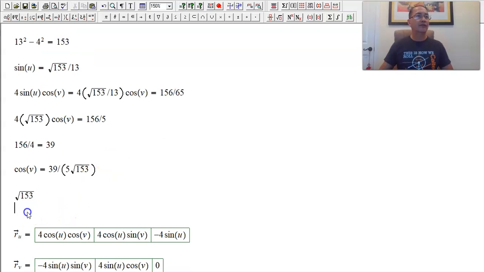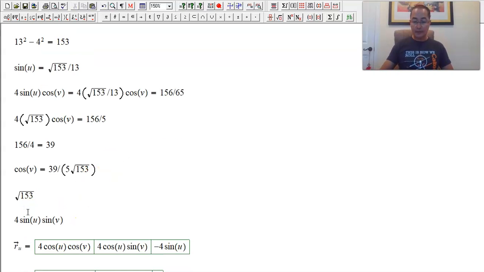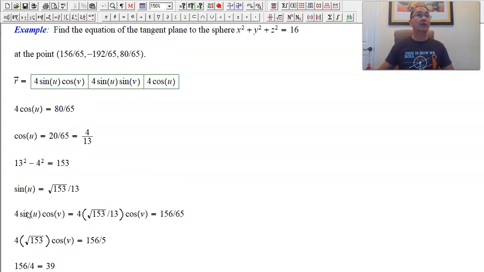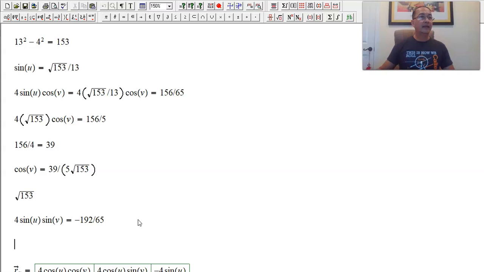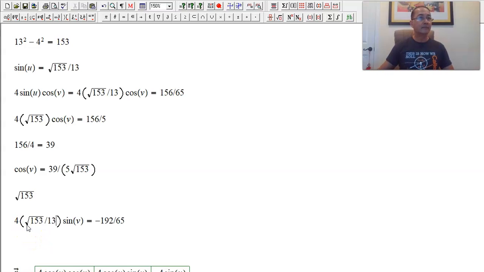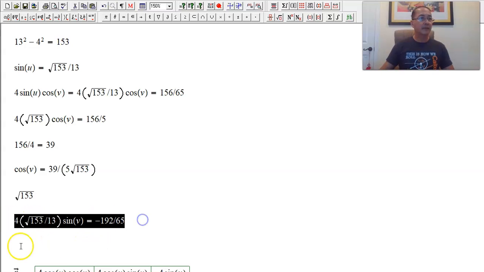Okay, so solving for the second coordinate, we want that to be equal to this. So set them equal to each other. And again, we know that sine of u is over here, so we can replace sine of u with this. Okay, and what have we got?